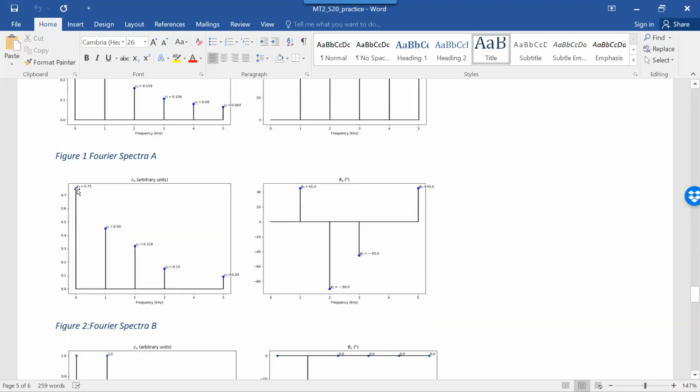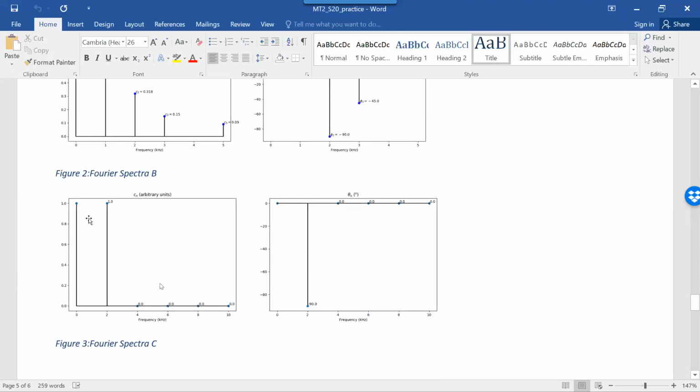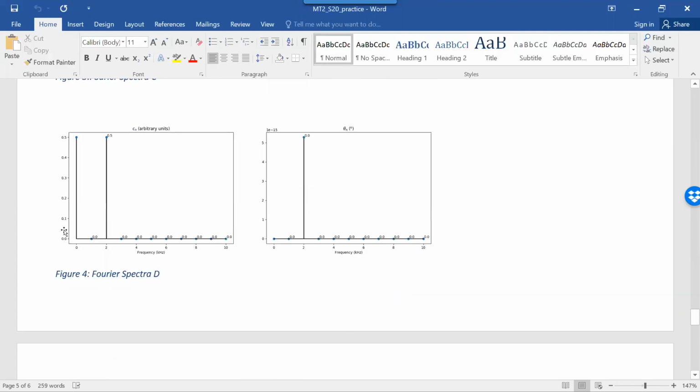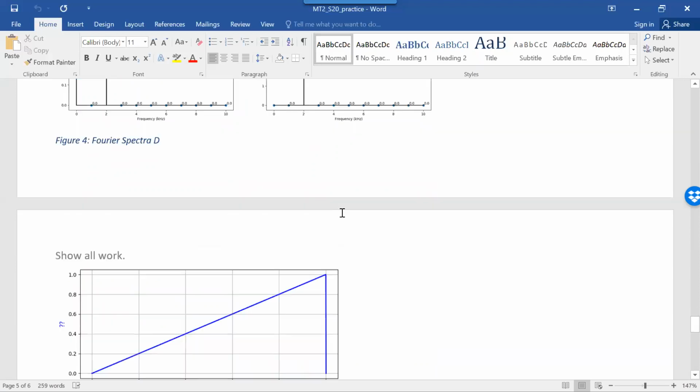Then here we have something at 0.75, and then harmonics at 1, 2, third harmonic, fourth skips here, and the phase is different. Here we have a DC plus something at 2 kilohertz. It might be a little bit hard to see. When you print it out, you'll be able to see those. And then here we have something with DC, something at 2 kilohertz. And the phase, this is 1 e to the minus 15. That phase is effectively 0.